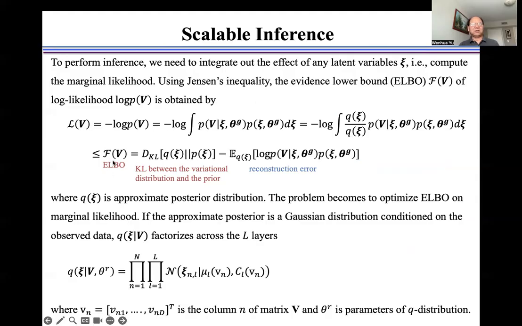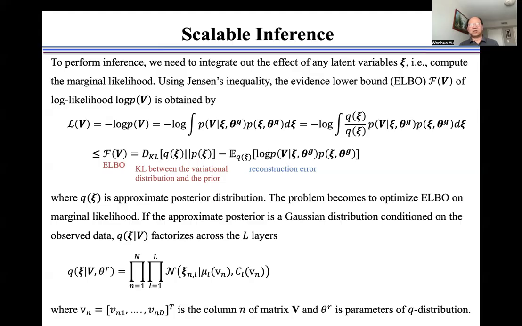This is the KL divergence between the variational distribution and the prior distribution, and this is the reconstruction error, where q is the approximate posterior distribution. The problem becomes optimizing the evidence lower bound on the marginal likelihood.